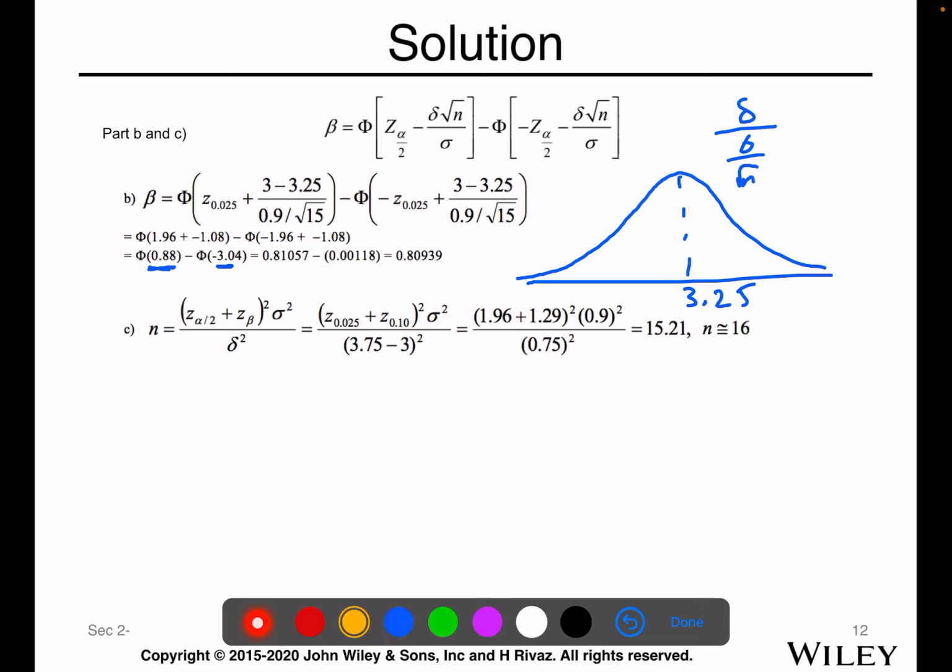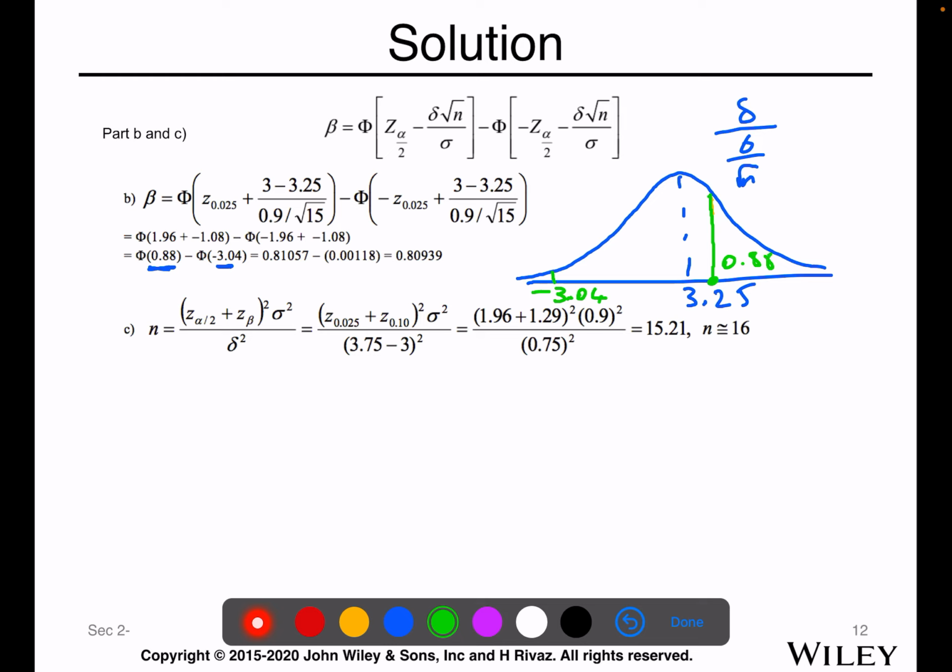So the range is actually here. I draw it with the same color as in the previous slide. Here and here. This number is minus 3.04, and this number here is 0.88.